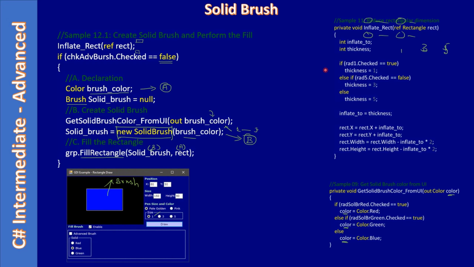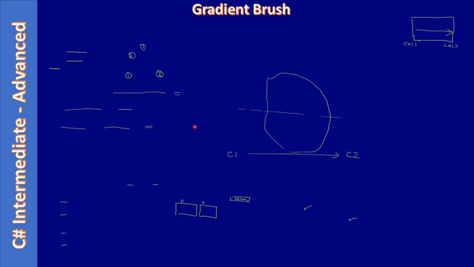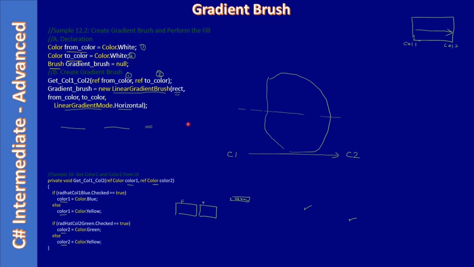You can see we constructed a solid brush that requires only the color instance. Next, we learned about the gradient brush, and the gradient brush takes a rectangle in which it will apply the gradient, used for gradient calculation.